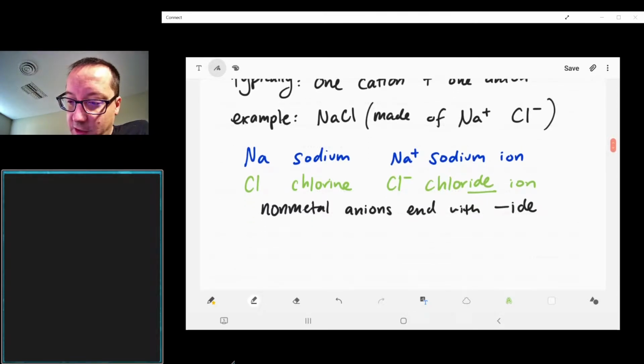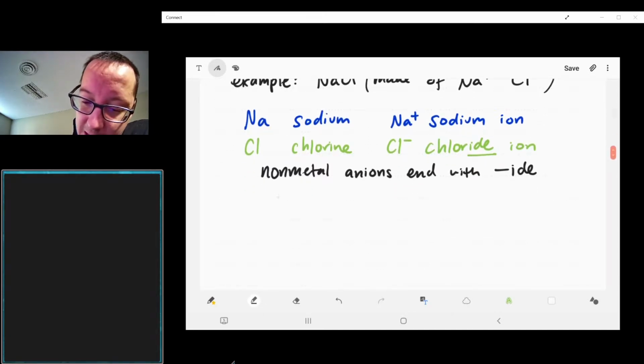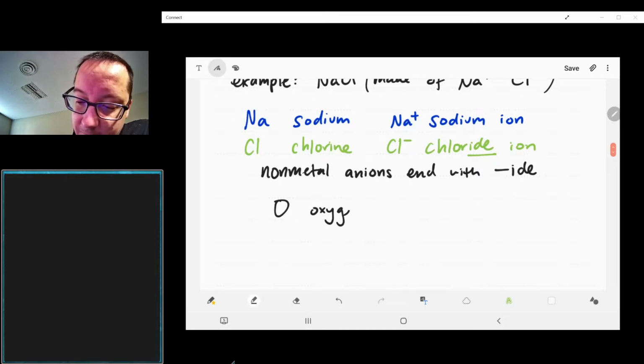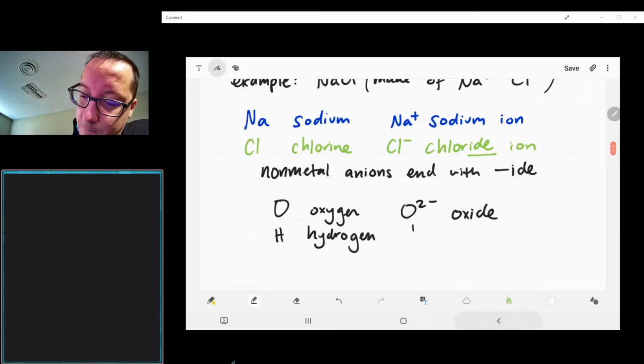Let's take a look at a couple of those. How about this? This, of course, is oxygen. And if we make it into its ion, that is oxide. We have hydrogen. That can become hydride.